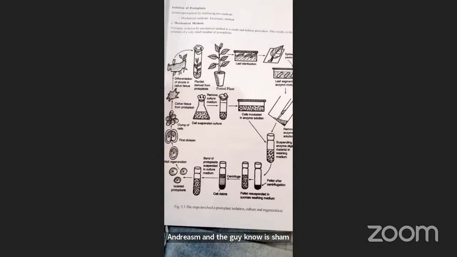The androecium produces the male sexual organ, that is called microspores. The gynoecium produces the female sexual organ, that is the embryo sac. So the embryo sac acts as the female gametophyte and microspores act as the male gametophyte.